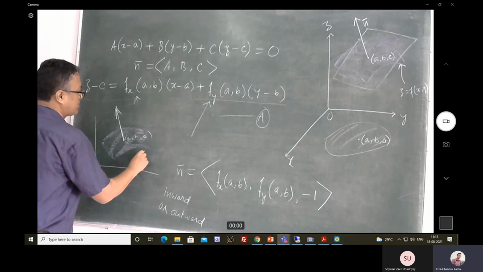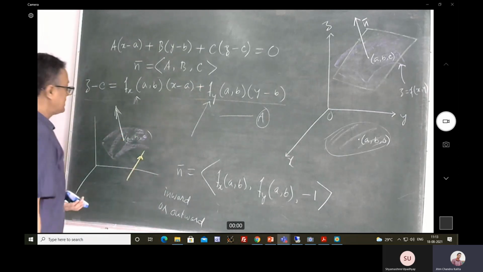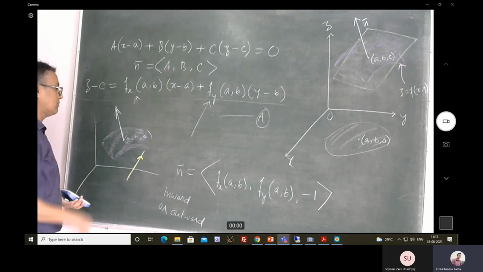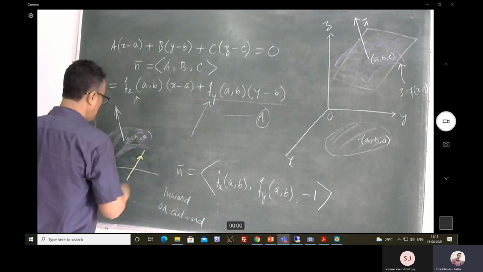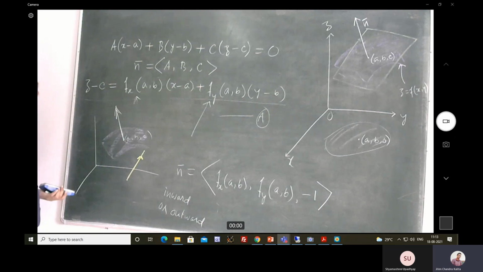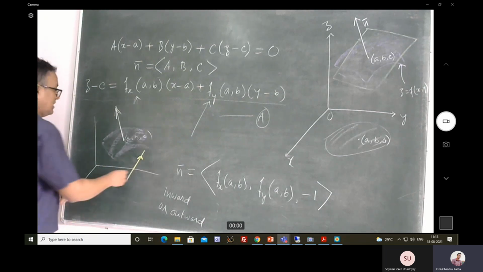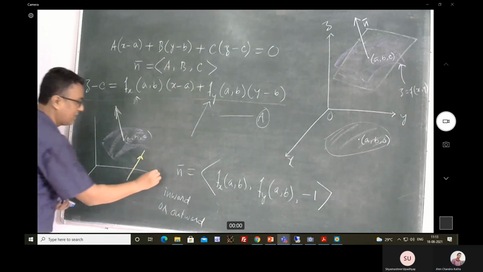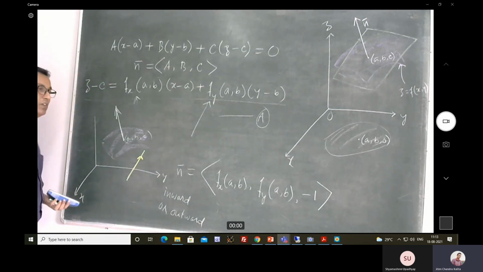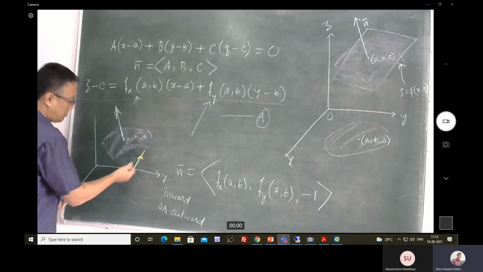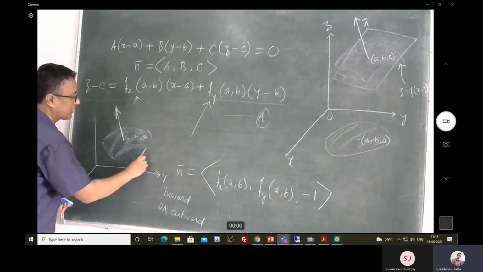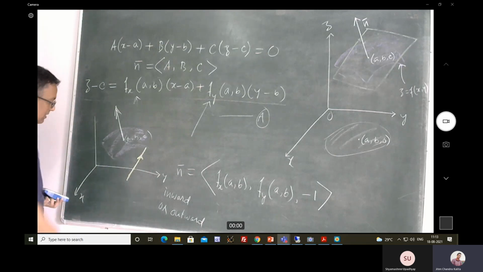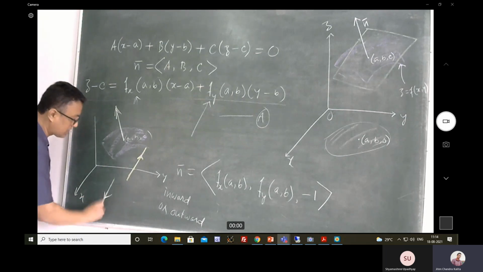If I want to find the orientation of this vector, what I am interested in is whether this vector lies above the xy plane, so its orientation is upward, or whether it lies below, so its orientation is in the downward direction.